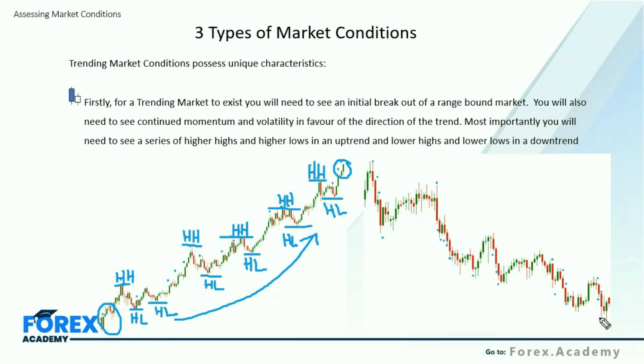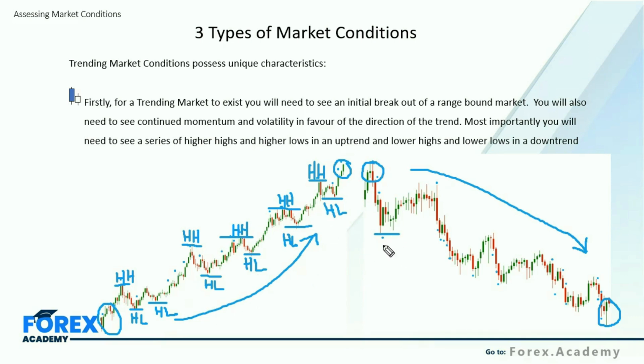Now, the other characteristics we're looking for is, because this is a downtrend and we can identify it's a downtrend because prices this time are moving from top left to bottom right. And what we can see and experience is this market moving in this direction fairly consistently. Now, another very, very important characteristic of a downtrend is the fact that it's the same as an uptrend, but just reversed.